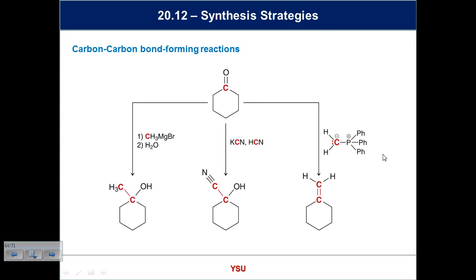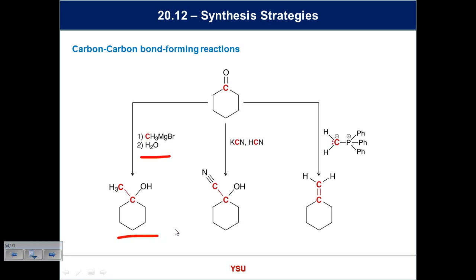So here we go. In terms of the rest of the course, 2 major things to do. Carbon-carbon bond forming reactions, and then putting it together with all of the functional group manipulations that you've already seen to do synthesis. And so we can see here from that chapter, or actually from chapter 13, we know how to make these bonds, and you've done that in the lab.